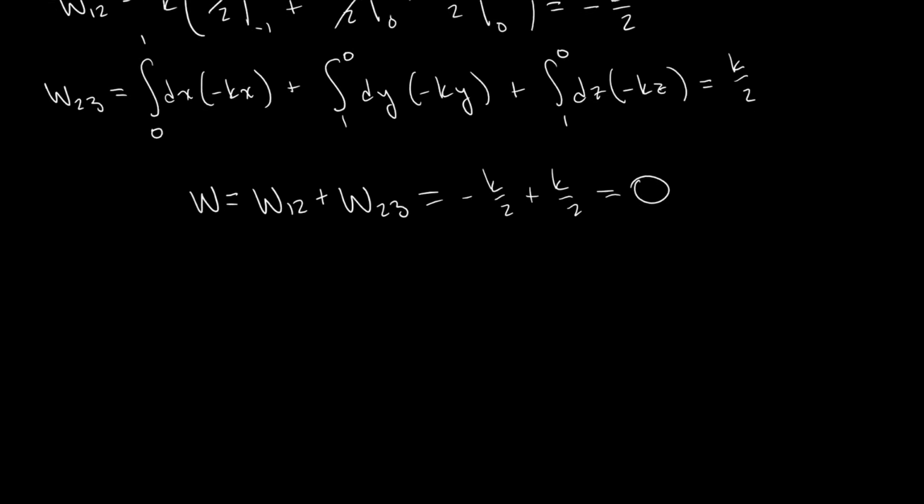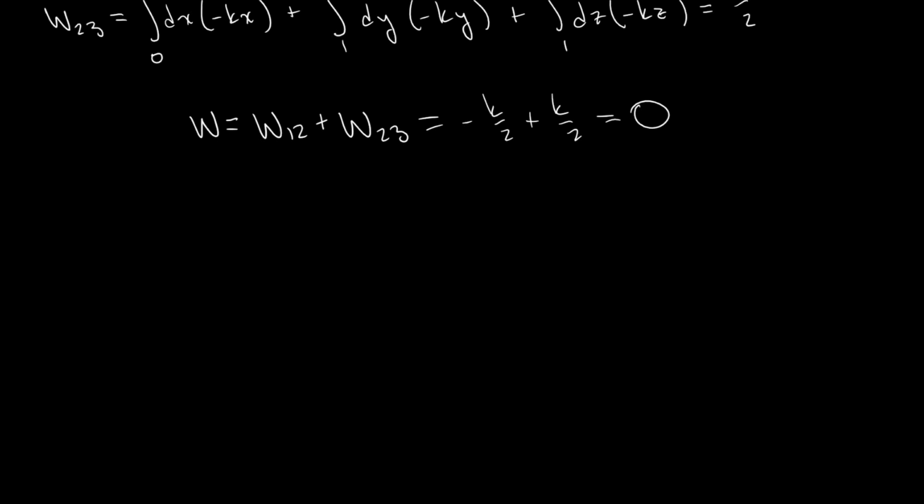Okay, so let's go ahead and look at a different path. Things seem to depend on paths in this story, so let's talk about a different path. So in this second path, let's take a bit more direct route. I'll look at x, y, z, and I'll start at the same point and end at the same point.